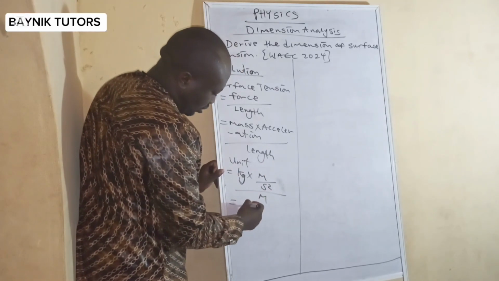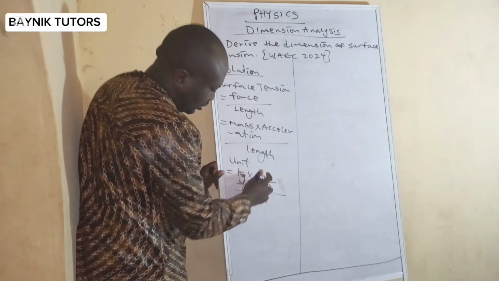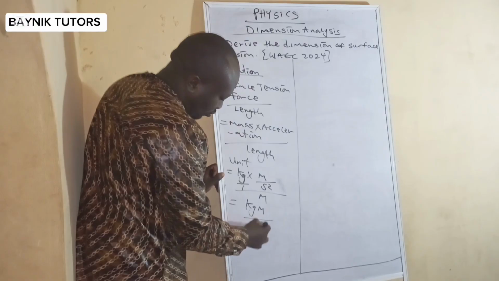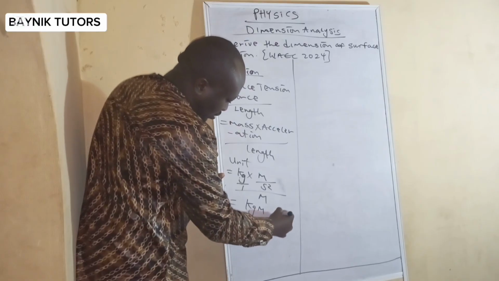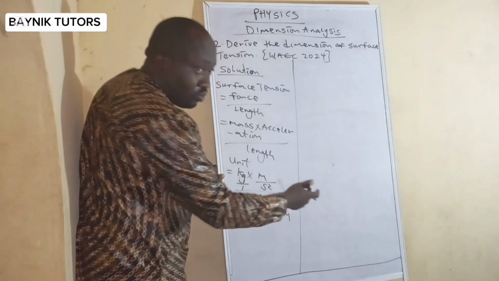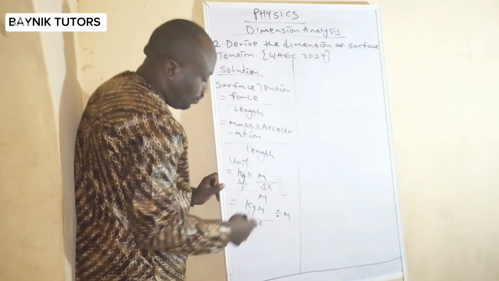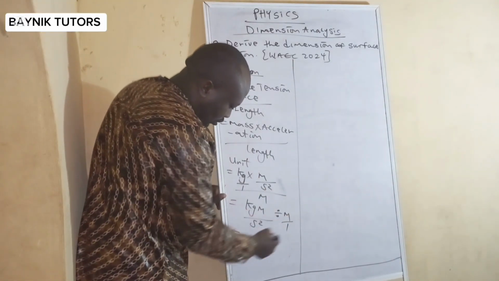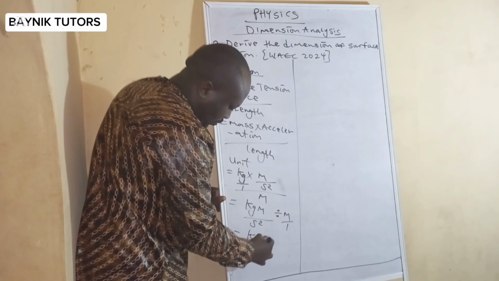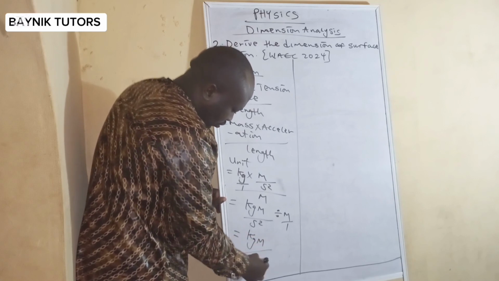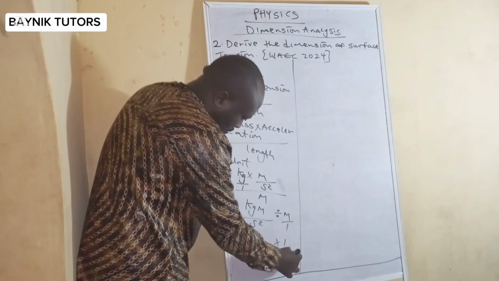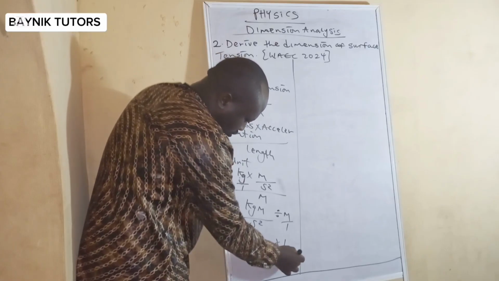So from here we can now say this over 1, kg times m, kg m over s square, will now be divided by m. So we want to solve it easily using the unit and convert back to dimension. So here this over 1, here will be kg m over s square multiplied by 1 over m. So this will cancel this.